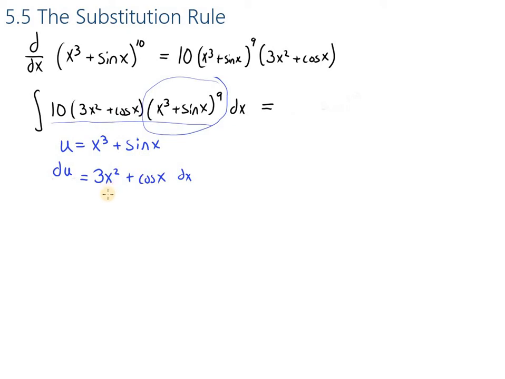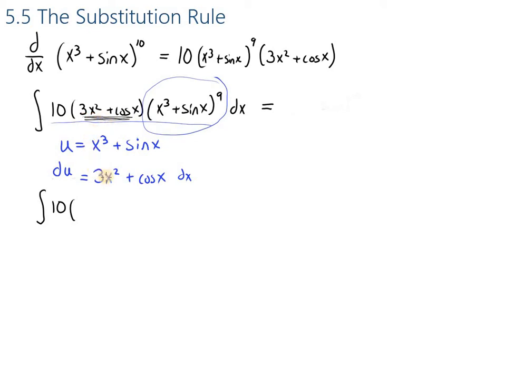And then you go back to your original integral and you say, hopefully I can substitute here. So let's rewrite the original integral. Say it's still the integral. 10 is still 10, parentheses. But then look at what's inside the parentheses there. This 3x squared plus cosine x.